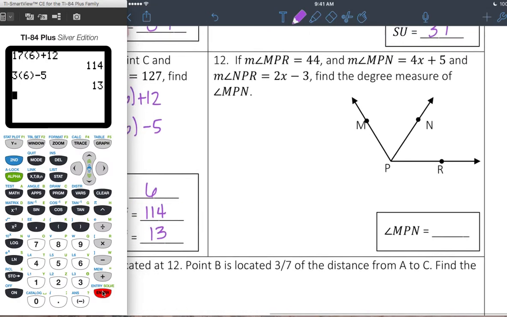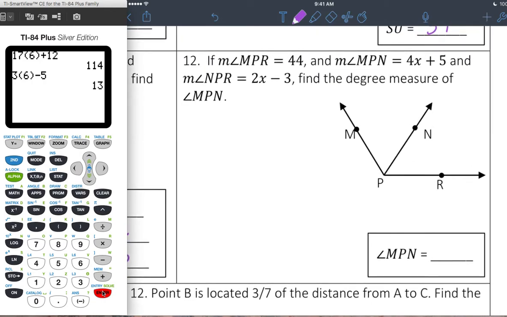All right, moving on to number 12. Number 12 says that angle MPR is 44. MPN is 4x plus 5, and NPR is 2x minus 3. So we have two smaller angles that are going to add up to our whole big angle.